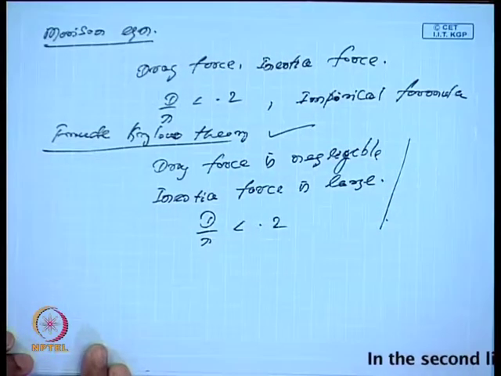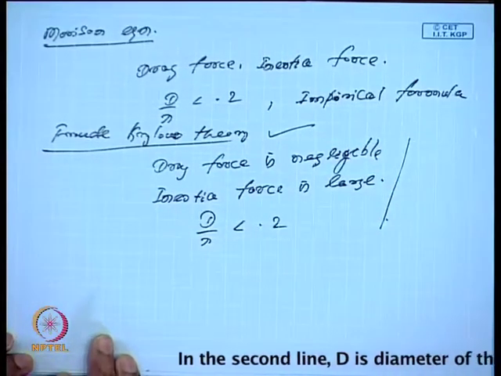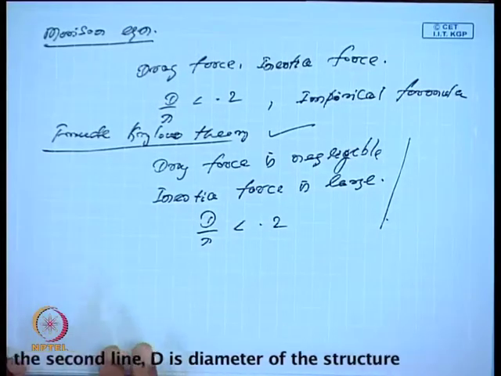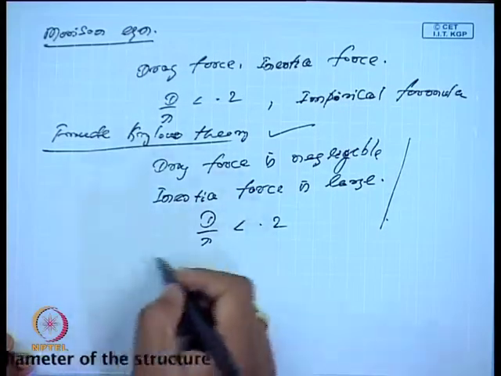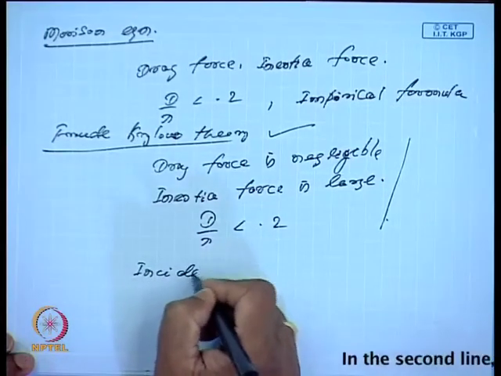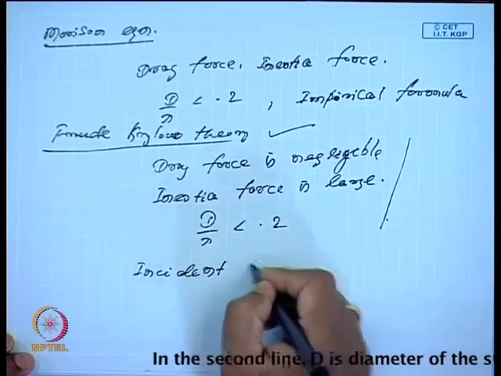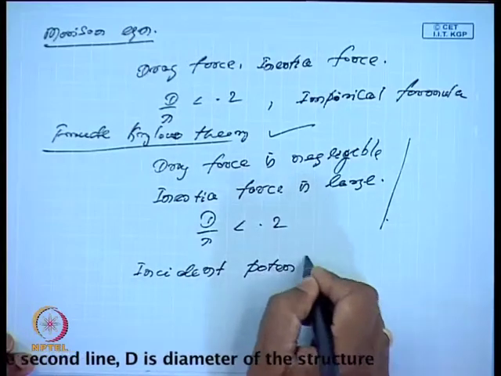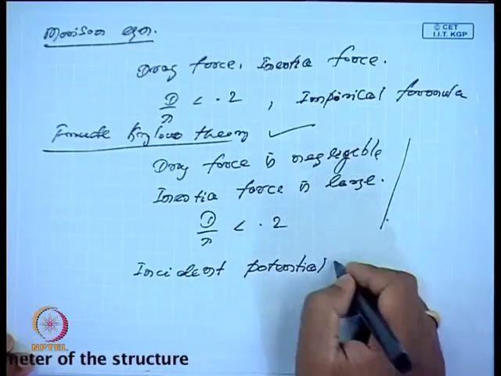One of the advantages of this is that many simple problems can be handled by it. What it does is utilize the incident wave potential and the corresponding incident pressure.